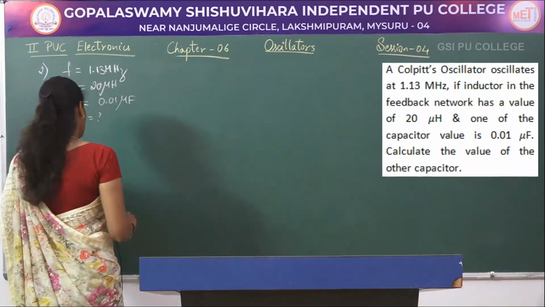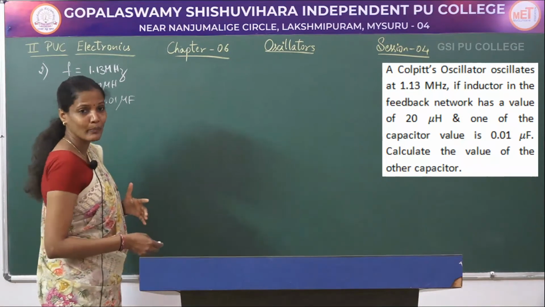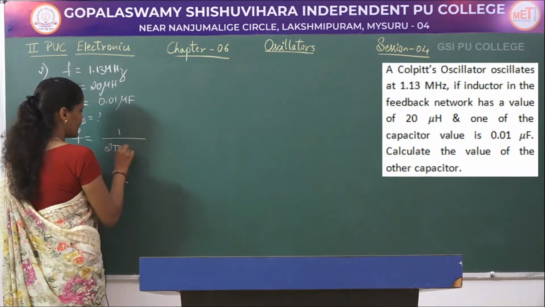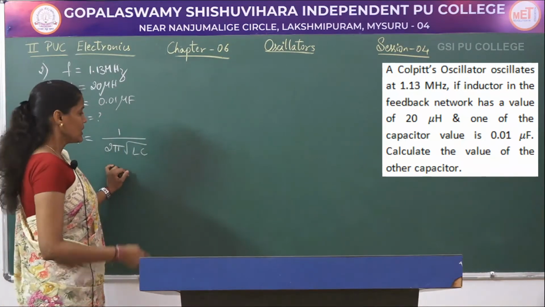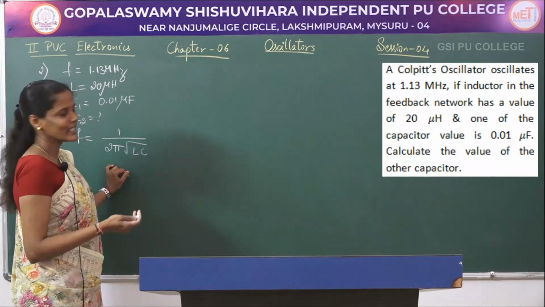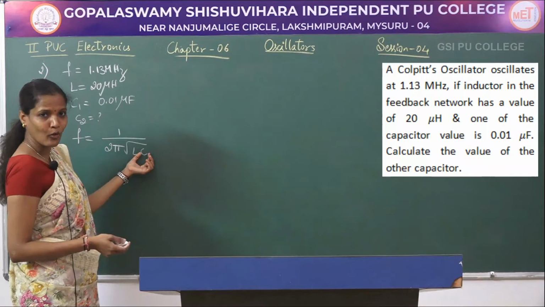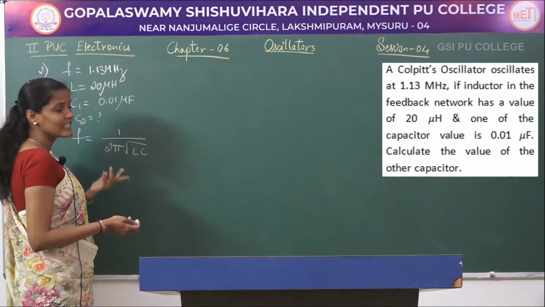So we know that the frequency of the signals generated using the Colpitts oscillator is equal to 1 divided by 2 pi root LC, where C value is equal to C1 into C2 divided by C1 plus C2. So let us first find out the C value on a whole, then let us find out the C2 value by substituting C and C1.